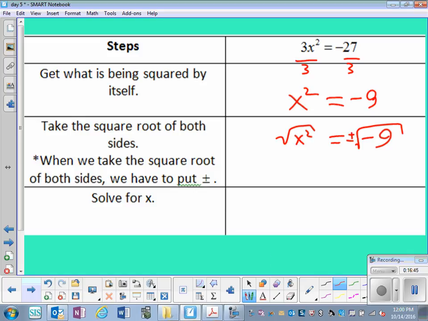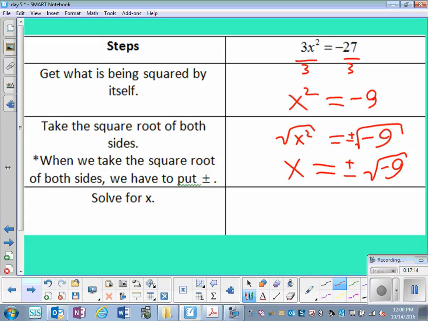I took the square roots, but I needed that plus or minus to make sure that I have both solutions. And then we just solve for x, right? So right here, the square root of x squared is just x, and then it equals plus or minus, and I'll just rewrite for now, -9, right? So solve for x.